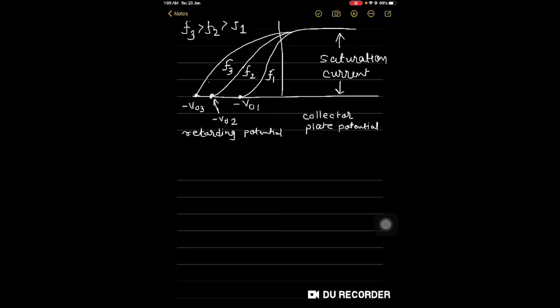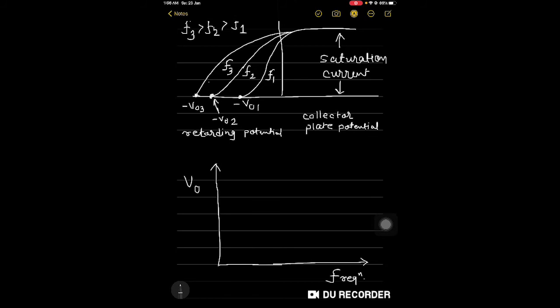That is, if we draw stopping potential versus frequency for different metals, on the x-axis the frequency is given, and here stopping potential V0 is given on the y-axis.